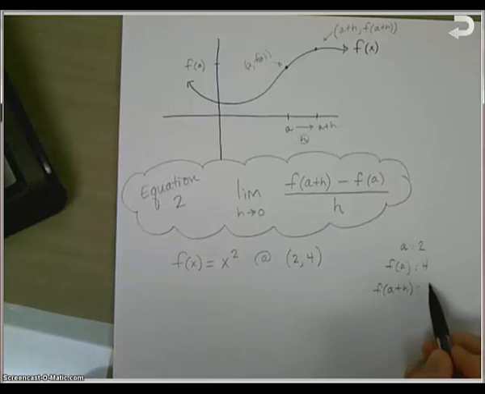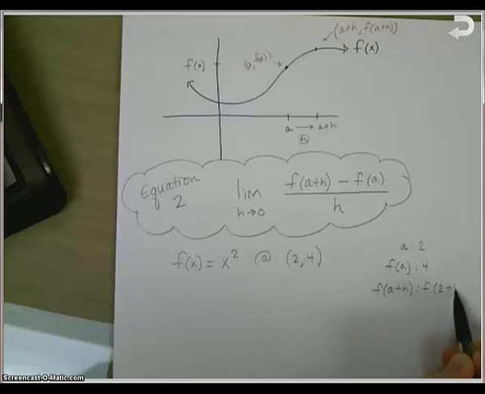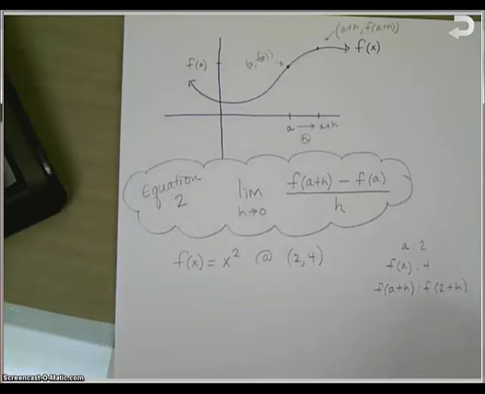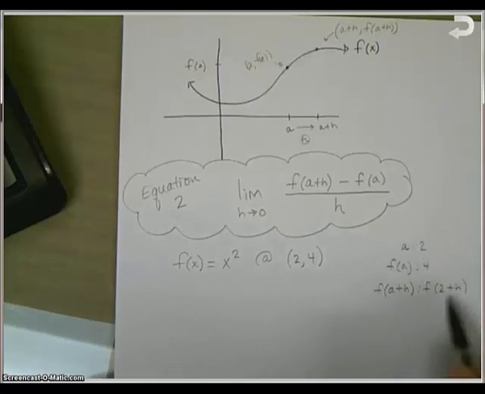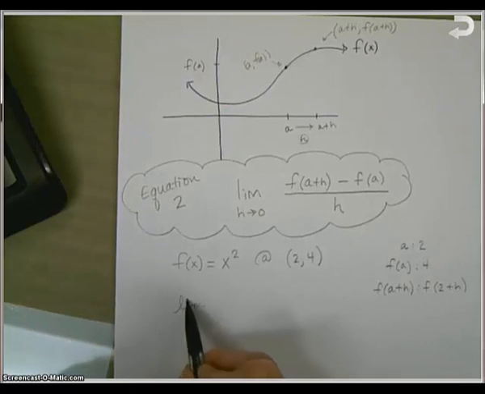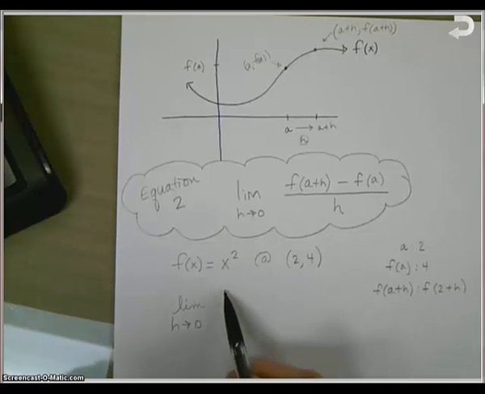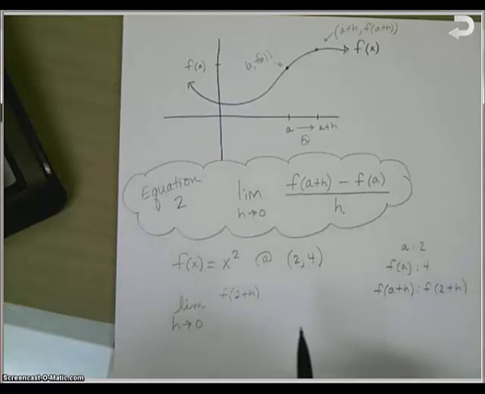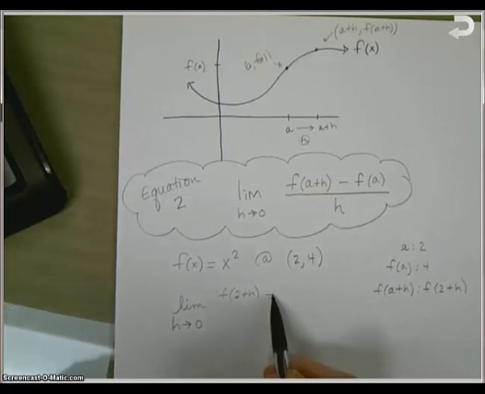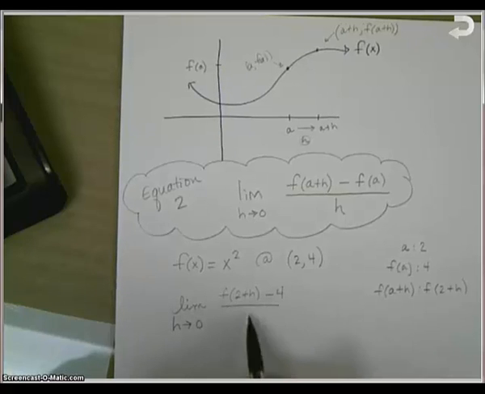Our a is 2, we already said. So I really need to evaluate this function at 2 plus h. And so I'm going to take the limit as h approaches 0 of whatever my function is evaluated at 2 plus h. I'm going to have to go back and do that in a minute. Minus my f of a, which is 4, all over h.